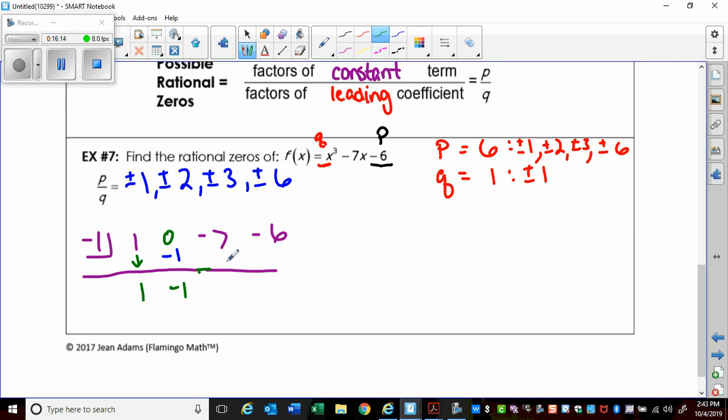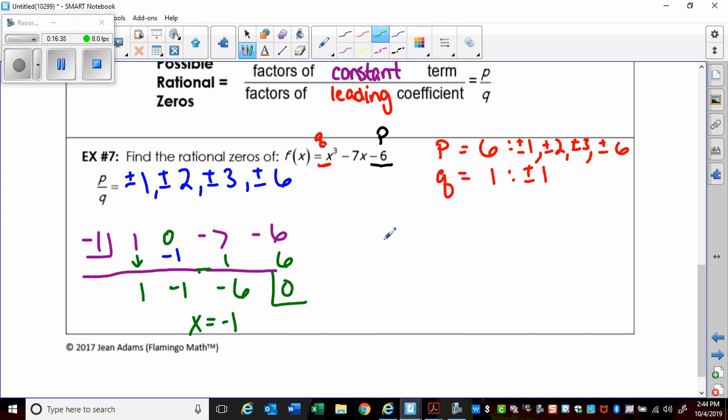Times -1 is +1. -7 plus 1 is -6. Times -1 is +6. Very nice. And this is 0. So since the remainder is 0, this is a factor. So I know that x equals -1 is a 0.